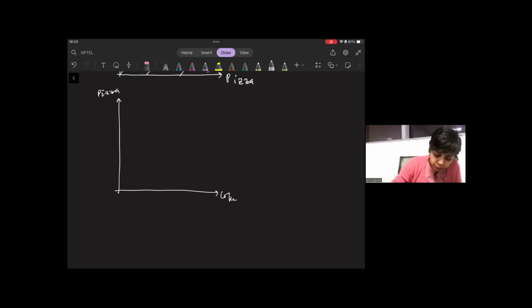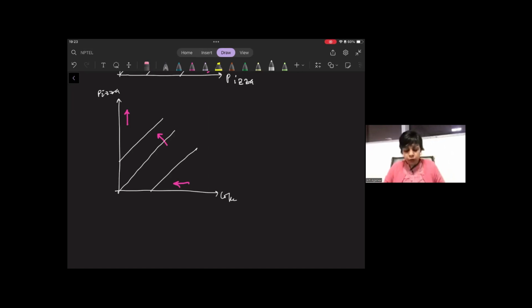So where is utility increasing? If pizza is increasing, utility is increasing. If Coke is decreasing, utility is increasing, right? So the direction of increase of utility is here. In this particular case, you're getting almost the same diagram, but the arrow is pointing in the other direction. But it may not happen for every case you are given, so just be careful about which is on which axis, right?